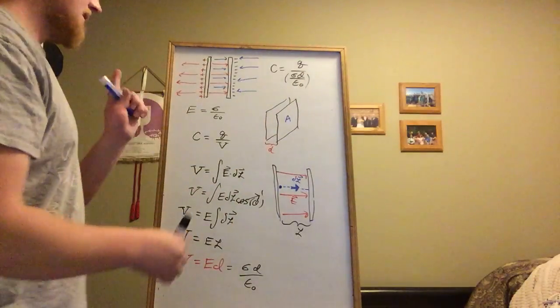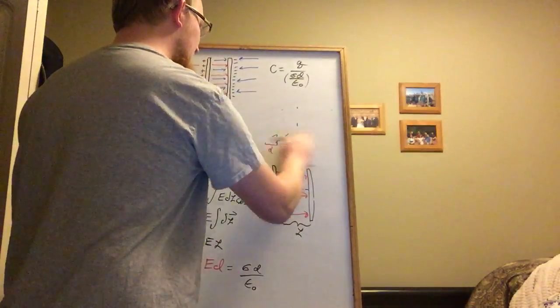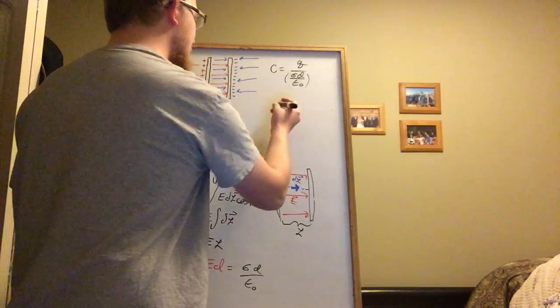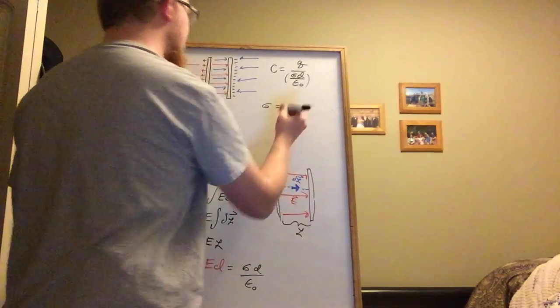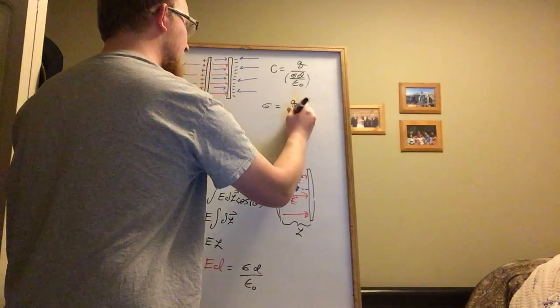Now we know that charge area density, σ, can be written as the charge, or the Q's, per unit area.